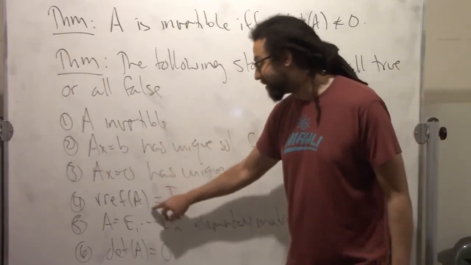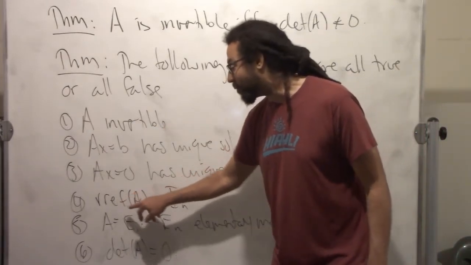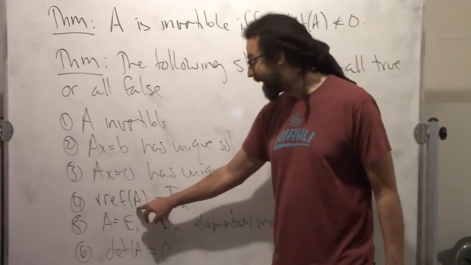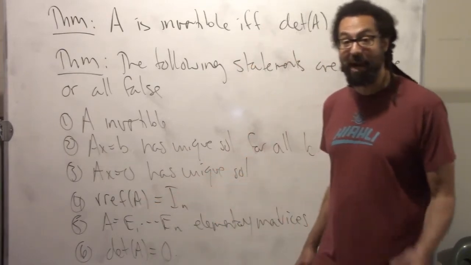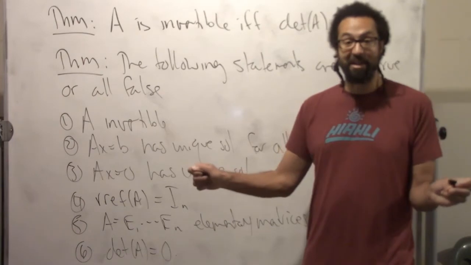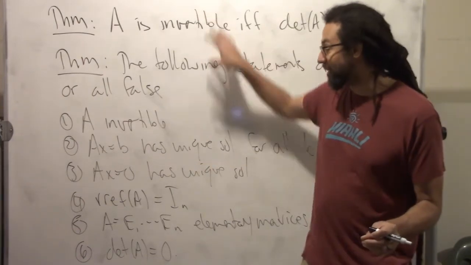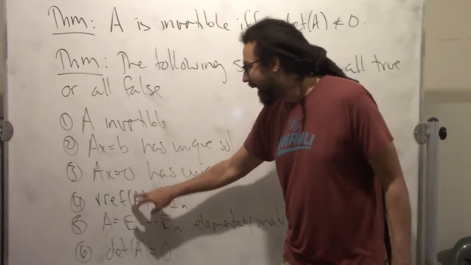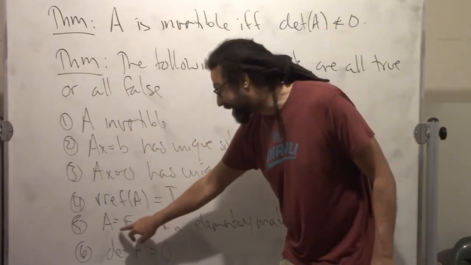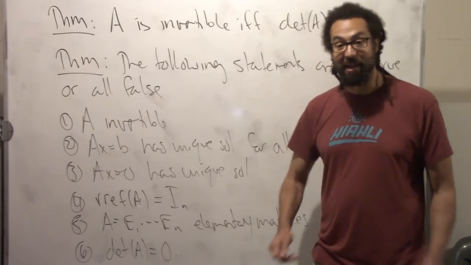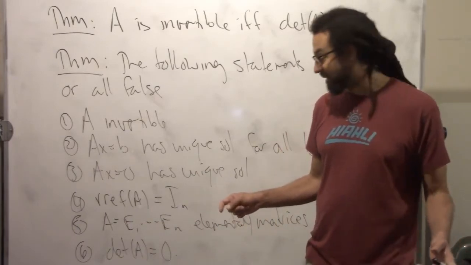If A is not invertible, then the reduced row echelon form of A is not the identity. In other words, what has to happen is you will have to get a row of all zeros. So that's really why this thing is true. And then if A is invertible, that's the same thing as saying that A can be written as a product of elementary matrices, right?